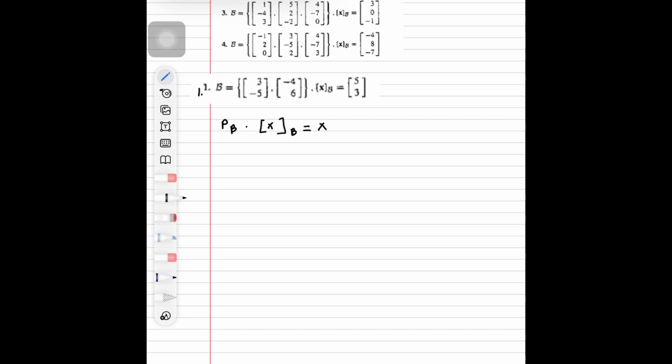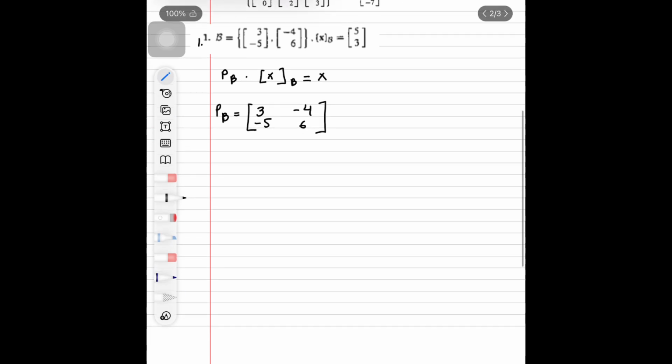So P of B is basically combining both of the basis vectors right here, which would look like 3, -4, -5, and 6. And we have x of b, the coordinate vector, as 5 and 3.